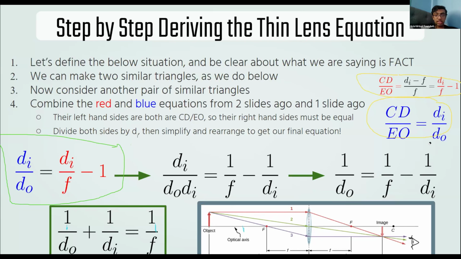The last thing we do is cancel out these guys. And we're left with 1 over DO equals 1 over F minus 1 over DI. Add 1 over DI to both sides, and you get our final equation. Do we understand the process of how we did that?